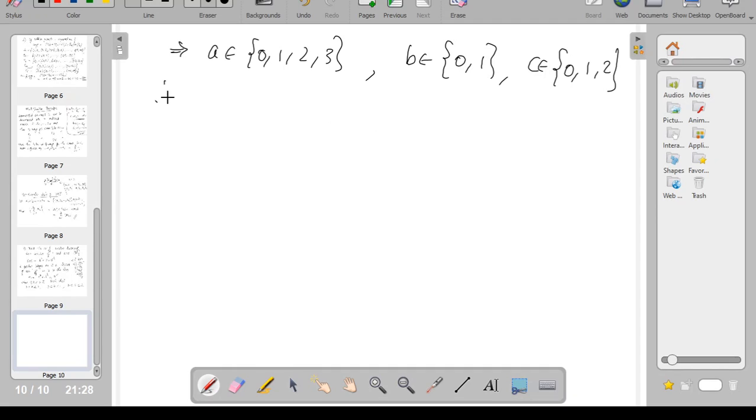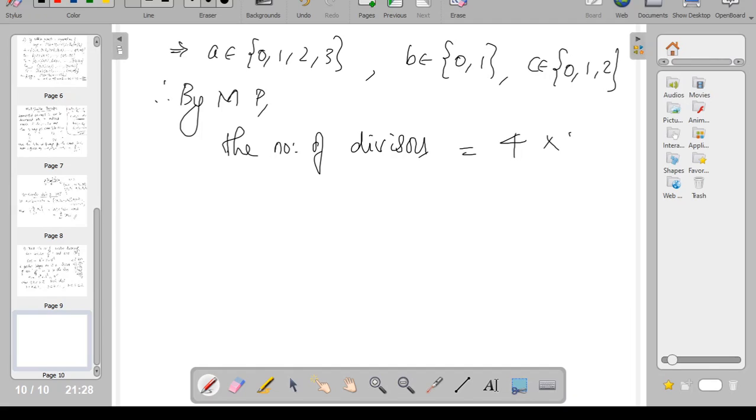So therefore by multiplication principle the number of divisors is, for the first there are 4 choices. So 4 into 2 into 3, so that will be 24. So the total number of positive divisors of 600 will be equal to 24.